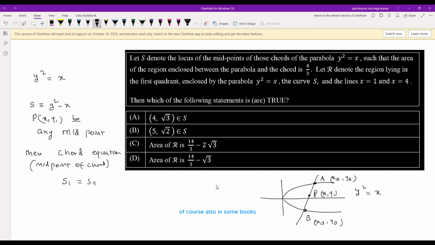Of course, in some books it will be indicated as T is equal to S1. Actually, it's a simple notation only.